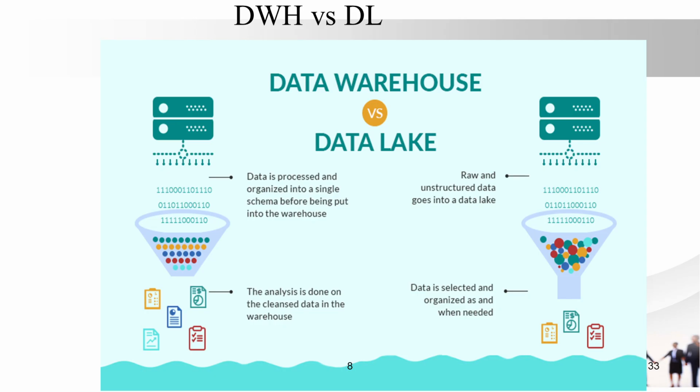Then all the analysis we perform, and the data is cleansed in the warehouse. Whereas in a data lake, raw and unstructured data is present. Whenever it is required, the data is selected and organized. But in the warehouse, the data is cleansed and kept ready for use.